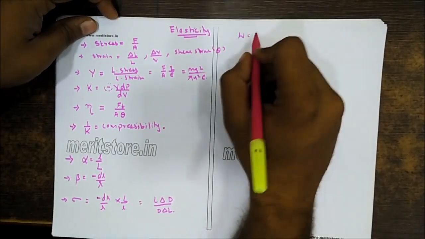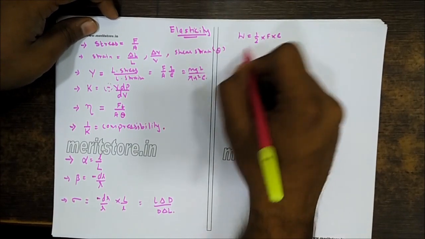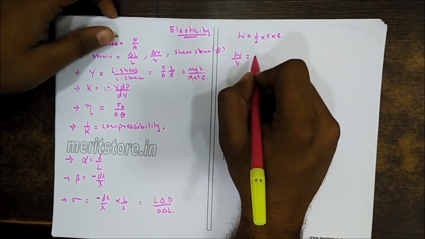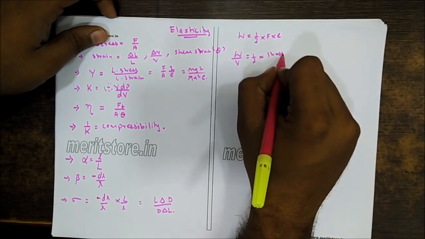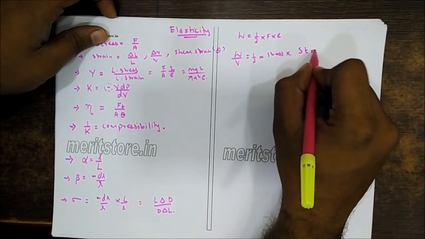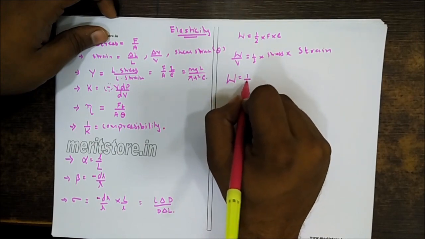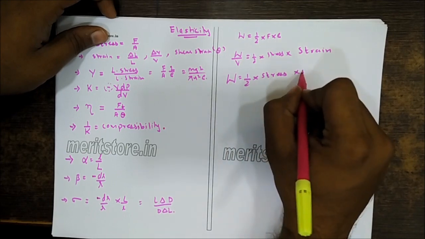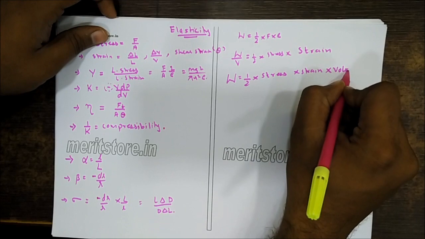Work done per unit volume: work done is half into F into e, while work done per unit volume, which is strain energy per unit volume, is half into stress into strain. If I need to calculate work done from here, I could say half into stress into strain into volume.